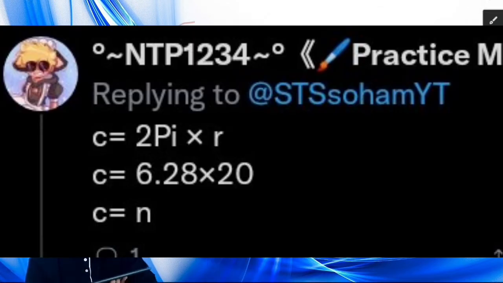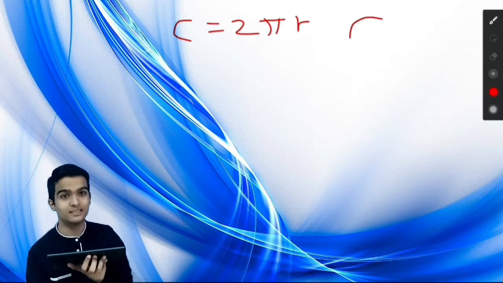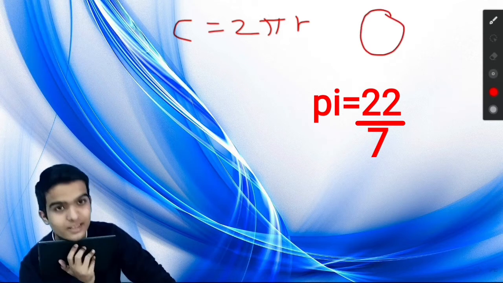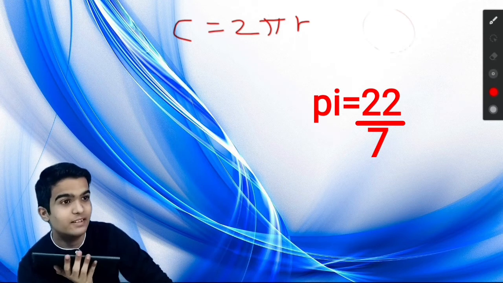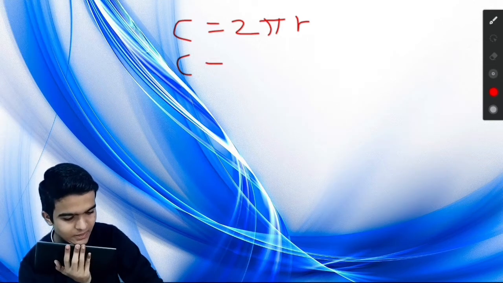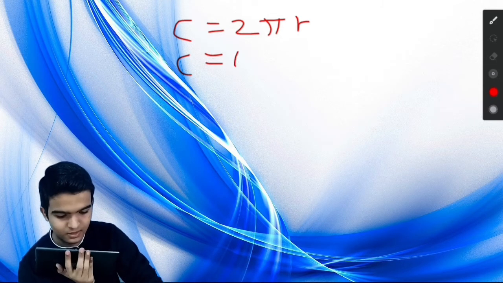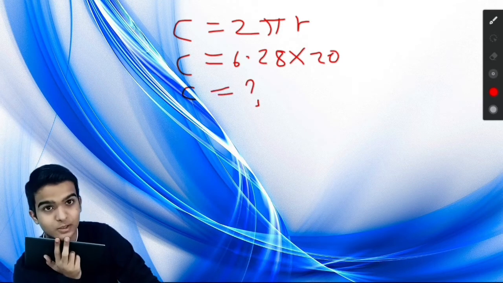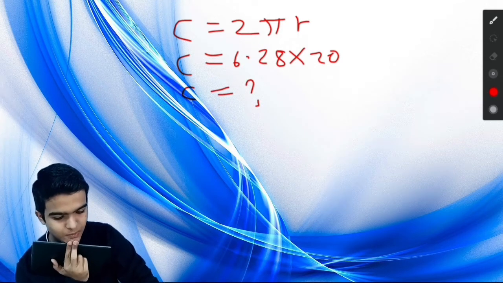So the next question is C is equal to 2 pi r, which is actually the circle question, and it's pretty easy, I guess. The value of pi is 22 upon 7. Let's just continue like that. So C is equal to 6.28, which is 2 into pi into 20.